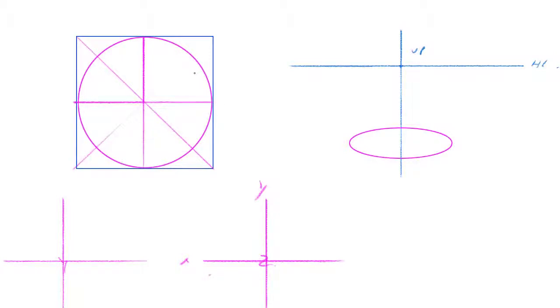And the point at which they relate almost perfectly is this line here. The diameter of the circle is exactly the same size as the sides of the square. So these two lines, these two axes, are the same size as the bounding box. Right.